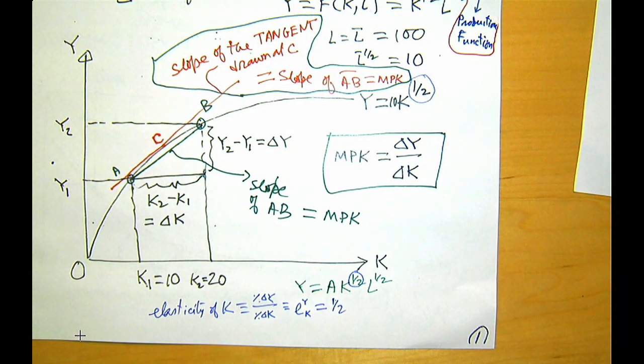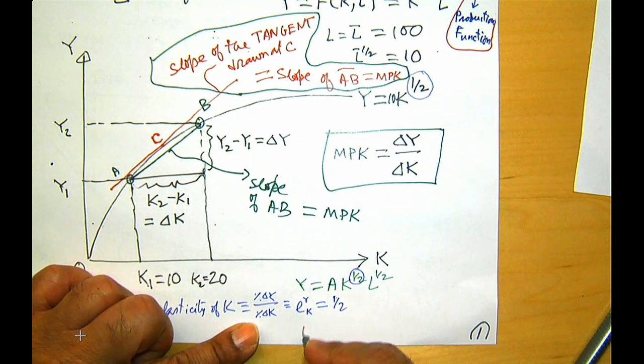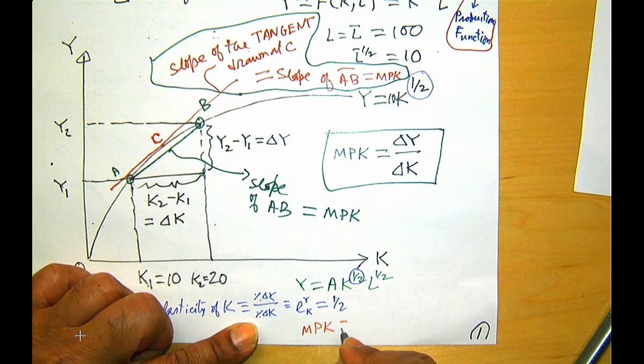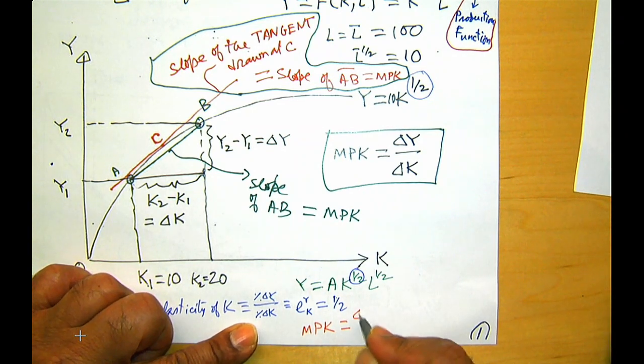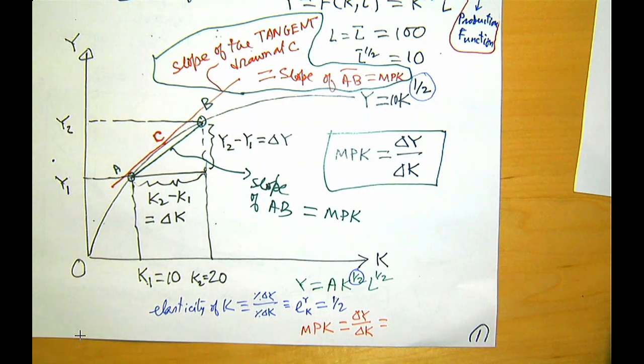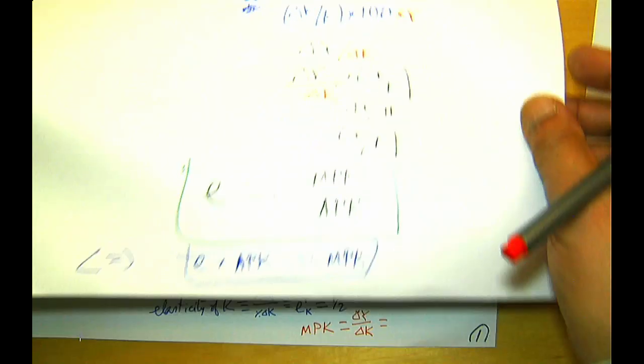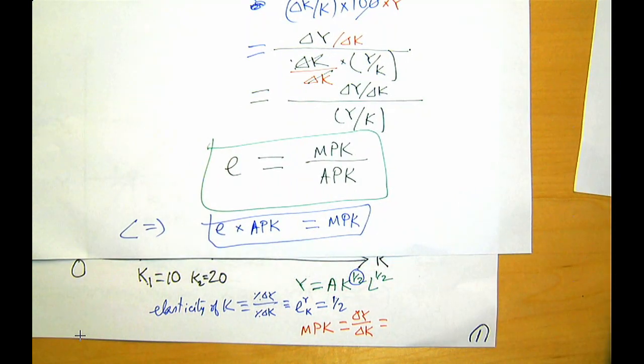Okay, if we know that, what is the marginal product of capital? MPK, which is del Y, del K. Can anybody answer that who does not know calculus? Okay, anybody. Here is the formula. If elasticity, that E, is the same as this E, and given the production function, you have this half.